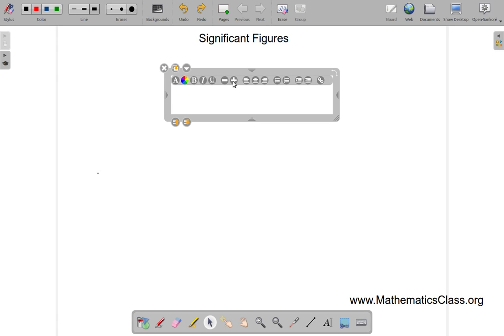Suppose you have an account with, say, in dollars, and your account has $150,070 in it.